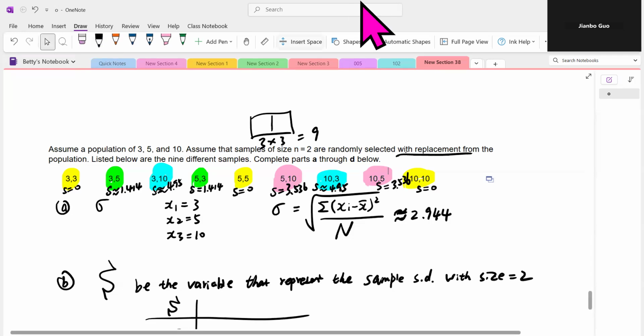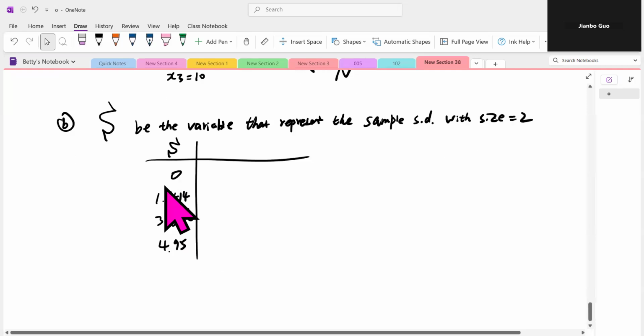Those 9 samples are all the possible samples of size 2 we can get from the population. That guarantees those values 0, 1.414, 3.536, and 4.95 are all the possible values for S, which represents the sample standard deviation of the samples with size 2 from the population.